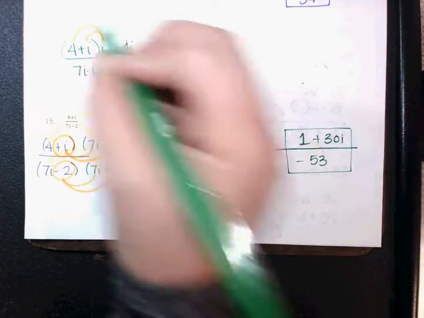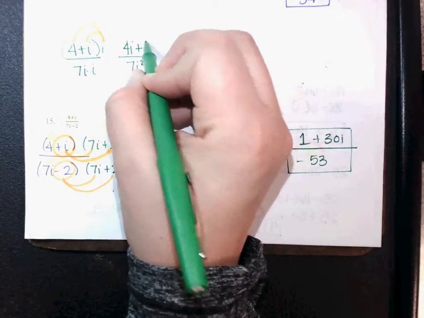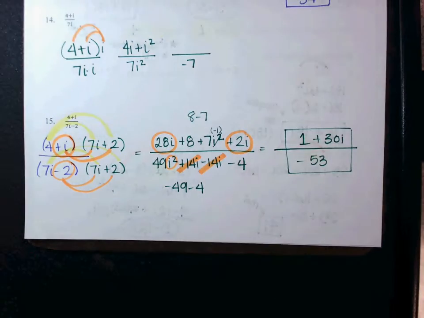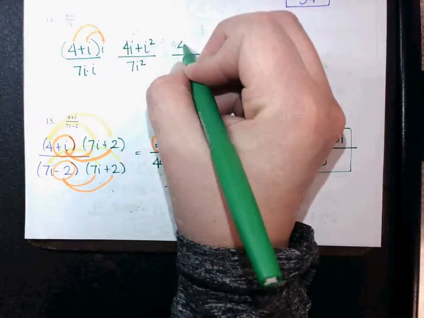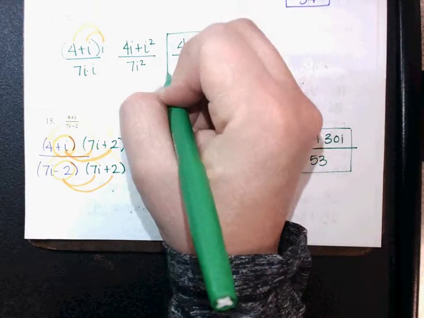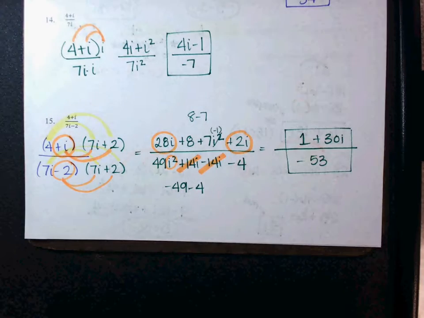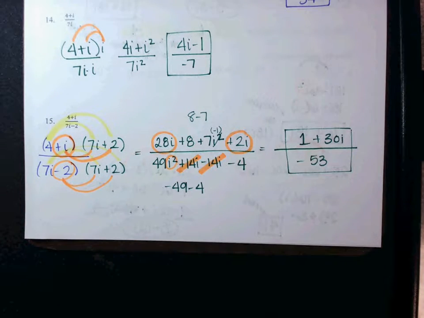And then what is i times i? i squared. But what is i squared the same as? So it'd be 4i minus 1. So in that case, if you only have the i on the bottom, you would just multiply by one more i and keep it simple. Okay, but if it has both parts, you have to use the conjugate. Make sense?